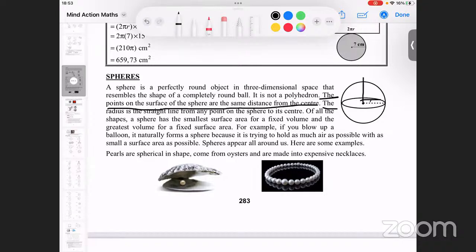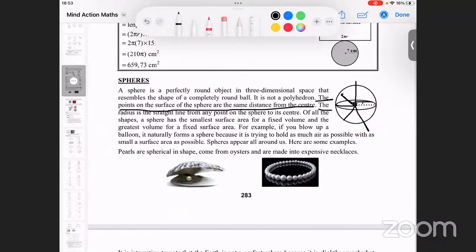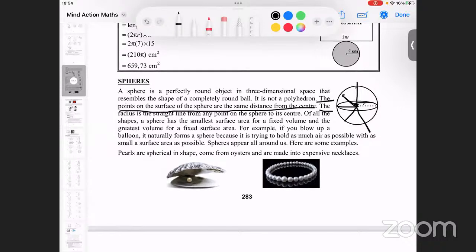So even if it's going in any direction, up or down, as long as it's from the center of the sphere to the point, it's a radius. And if it goes from a point, passes through the center, and continues in a straight line, that is the diameter.